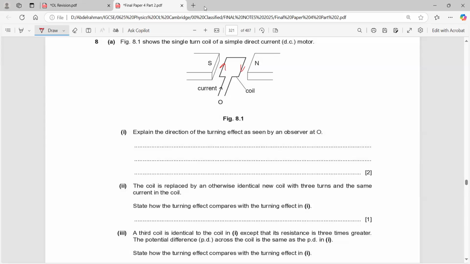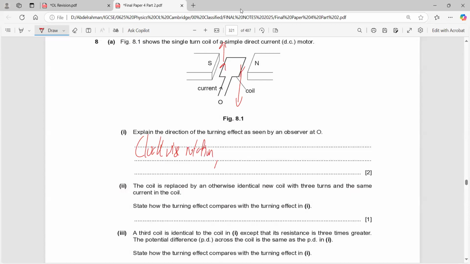First finger, the index finger, is moving to the left. Middle finger is moving into the page. So the force, which is the thumb, is moving upwards. Therefore, the force on the other part of the coil would be moving downwards, indicating that this is a clockwise rotation.